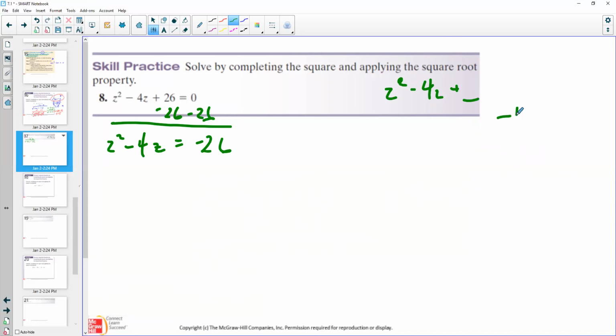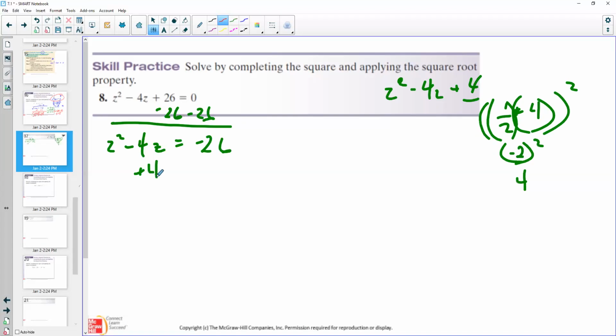Well, half times negative 4, squared. Half times negative 4 is negative 2. Negative 2 squared is 4. So I'm going to add 4 to both sides. Plus 4, plus 4. So I get z squared minus 4z plus 4 equals negative 22. True?